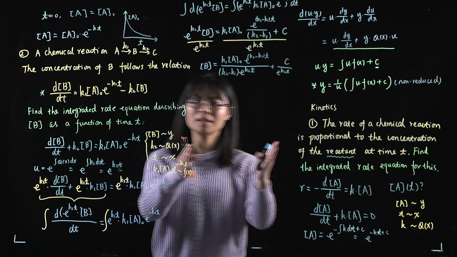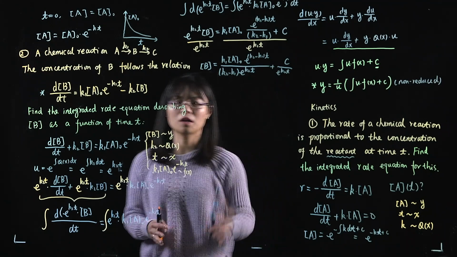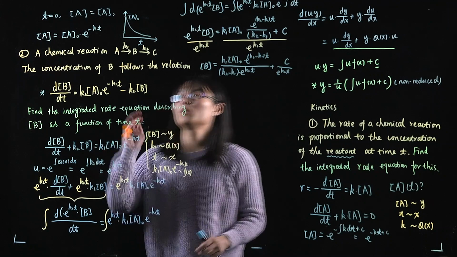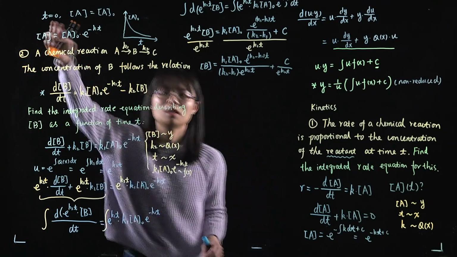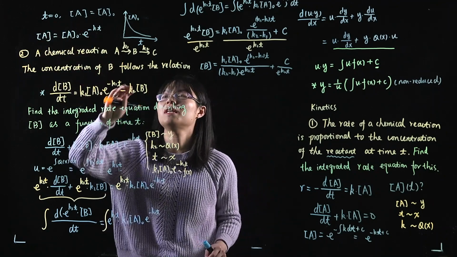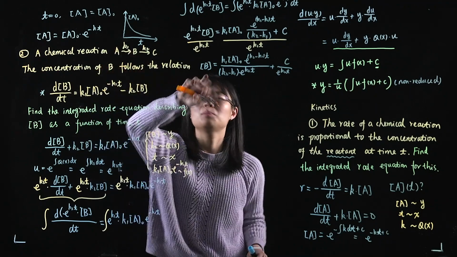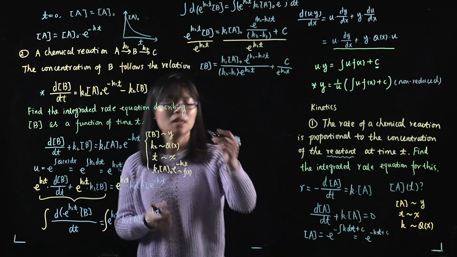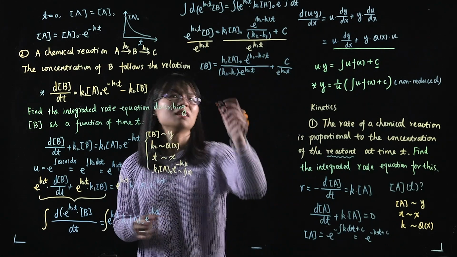Okay, are we done here for the expression of the concentration of B in terms of t? No. Like what we did before, we need to consider the initial concentration of the species B at time 0, which can help us to solve the constant C. So follow that strategy.